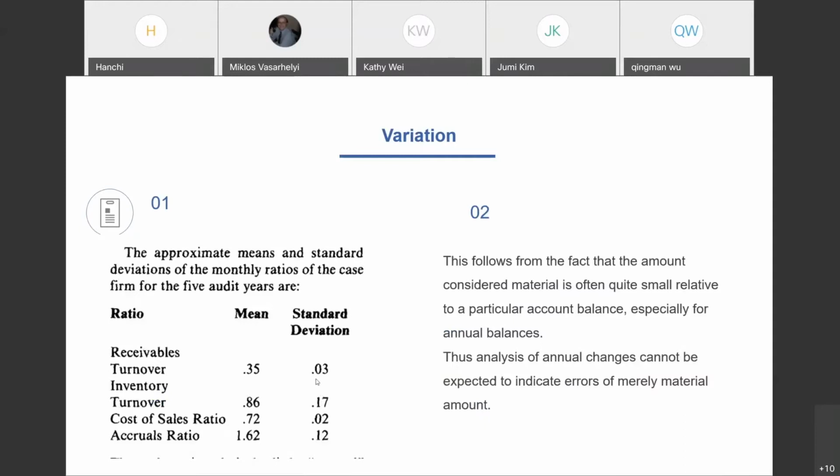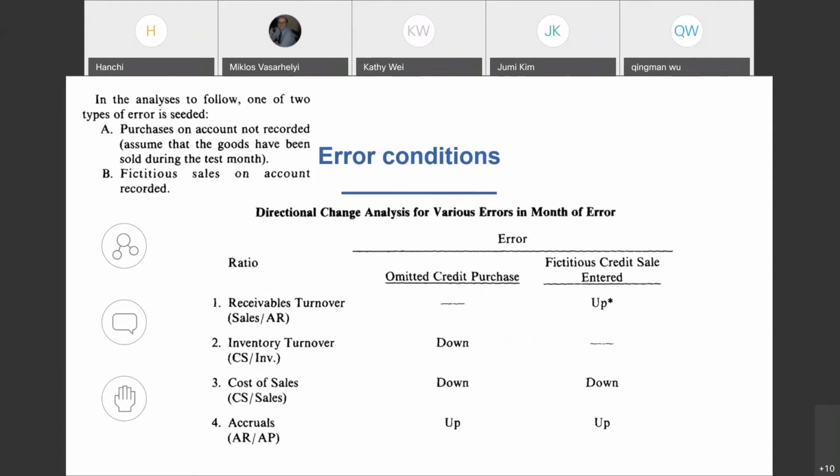I think this follows from the fact that the amount considered material is often quite small relative to a particular account balance, especially for annual balances. Thus, the analysis of annual change cannot be expected to indicate errors of no more than a material account amount.